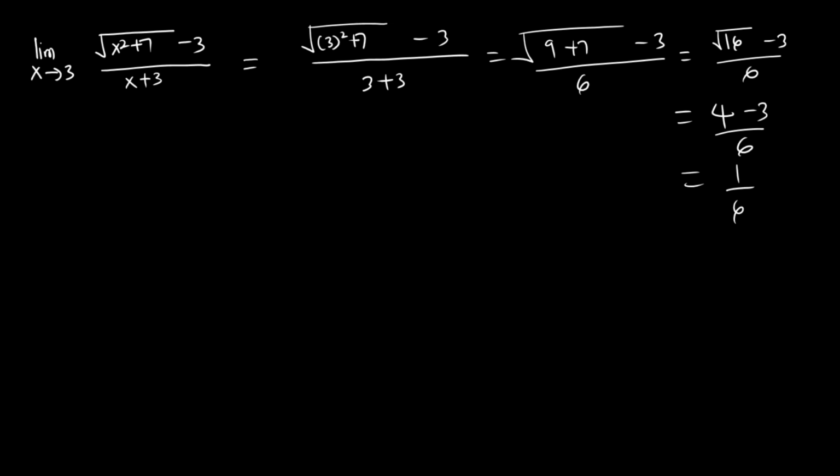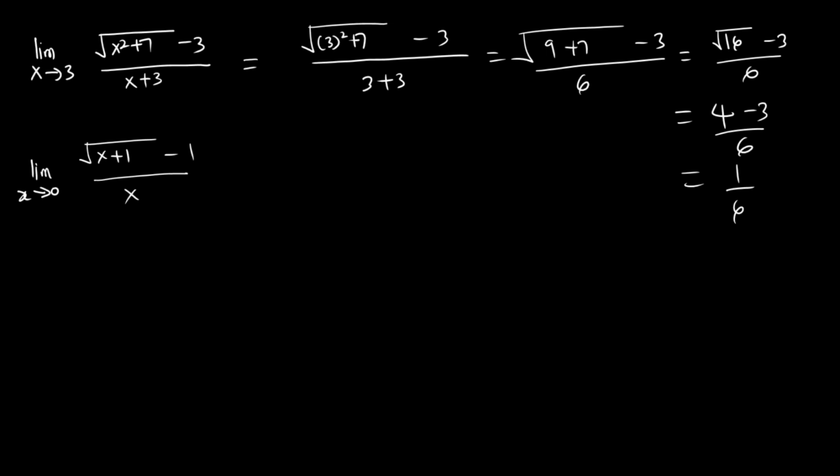Okay, so we have the limit as x approaches 0 of the function square root of x plus 1, minus 1, divided by x. Let's try the direct substitution for this one also. When you have a fraction, the first thing you should check is the denominator.